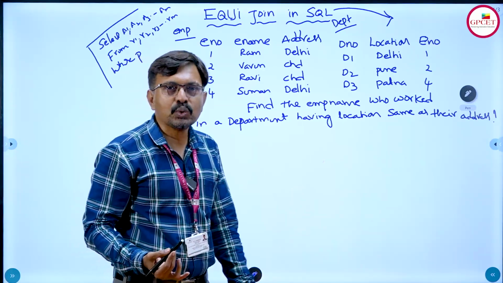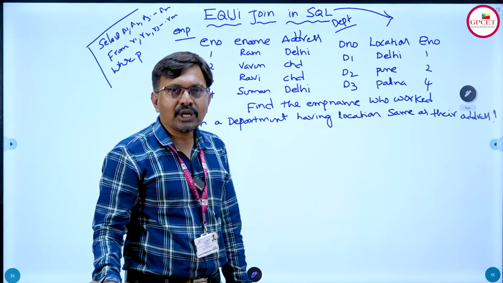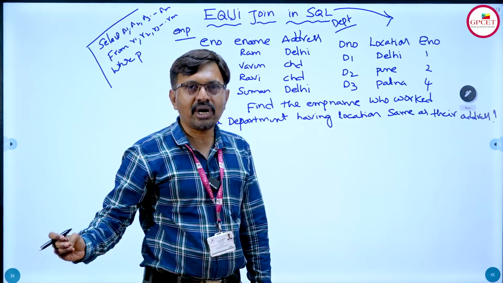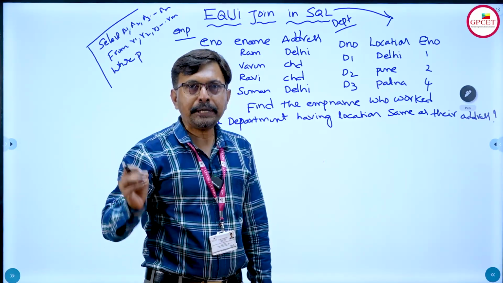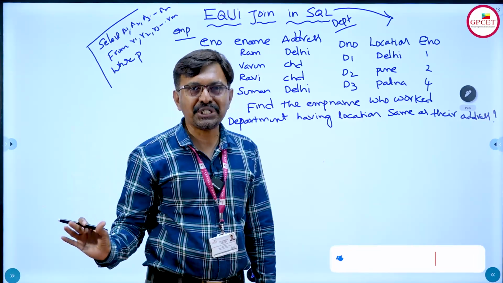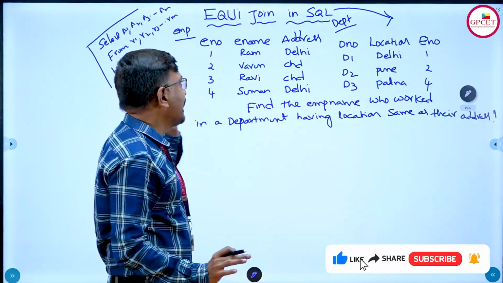R1, R2, R3 are the relations or tables. Each table has unique rows and columns. P is the predicate or condition. That is the basic structure of SQL.